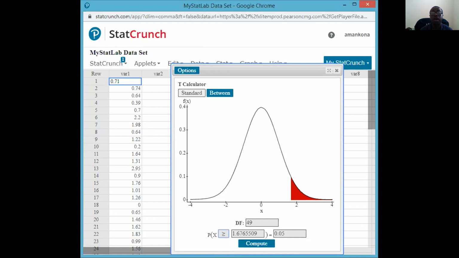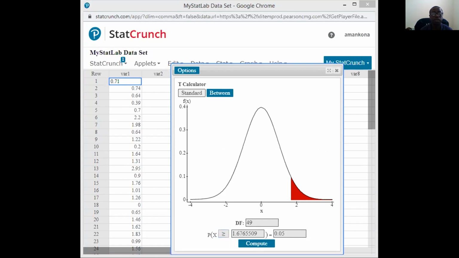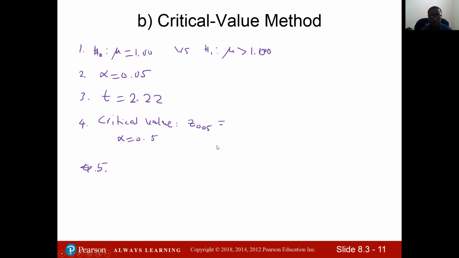Okay. So go back to our PowerPoint. Sorry, this is not a Z, it's a T. The t 0.05 is 1.677. Okay, what's our decision?